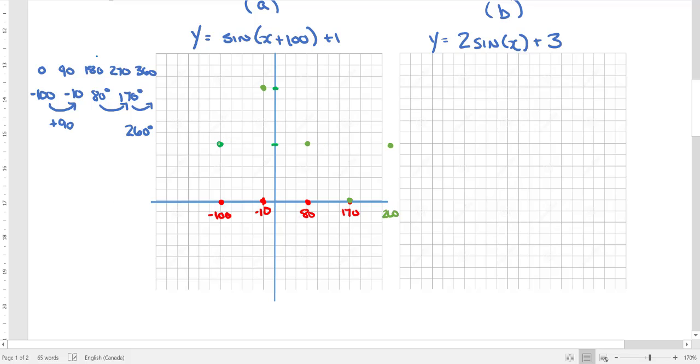So I end up with a graph that has only had a phase shift left by 100 degrees, and it is moved up 1. So your graph for this first one is going to look like this in the end.